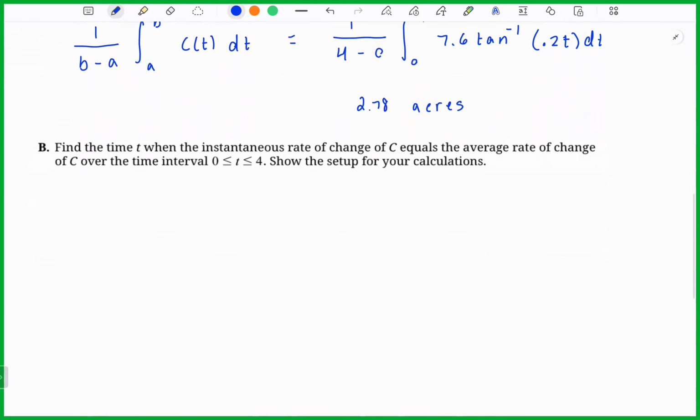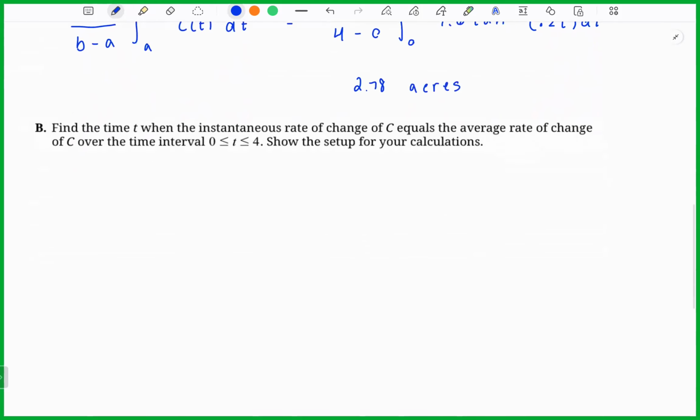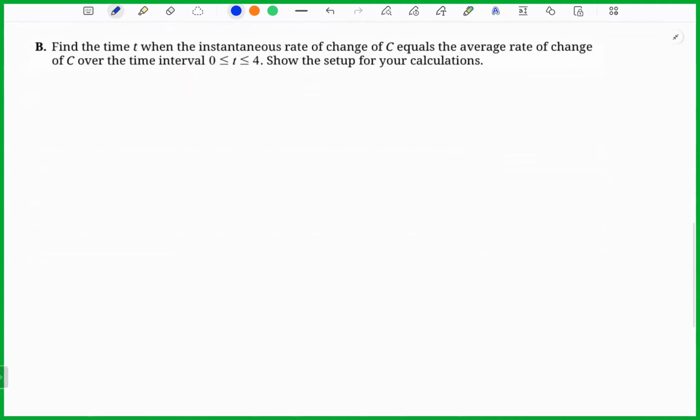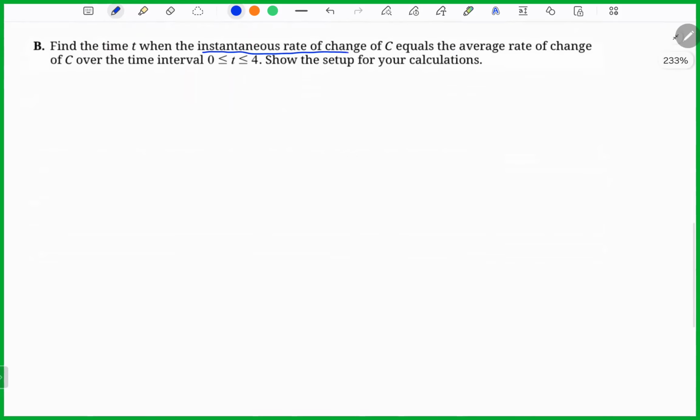Part B asks us to find the time t when the instantaneous rate of change of C. So instantaneous rate of change of C, I'm going to immediately write down, is C prime of t. We want to know when that equals the average rate of change of C over the time interval 0 to 4. Now, what is the average rate of change of C over that time interval?